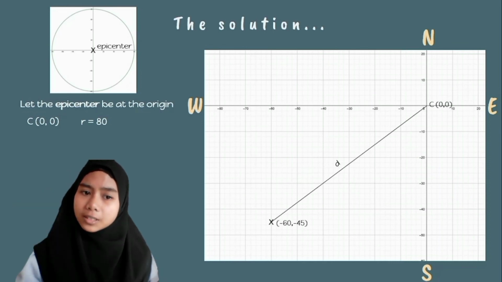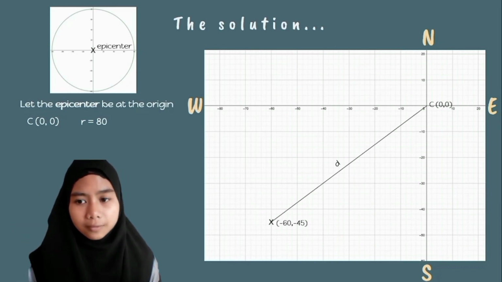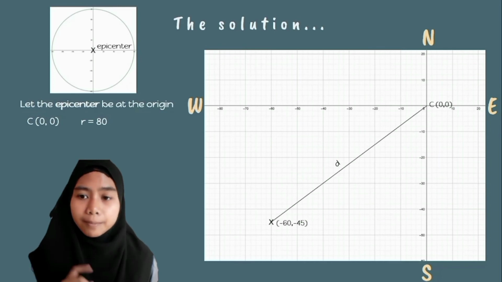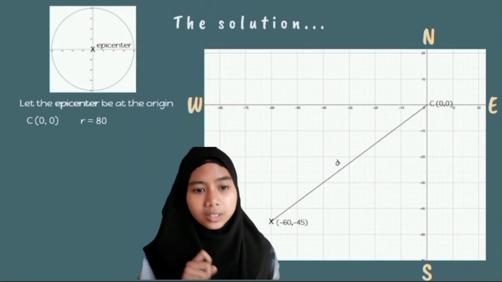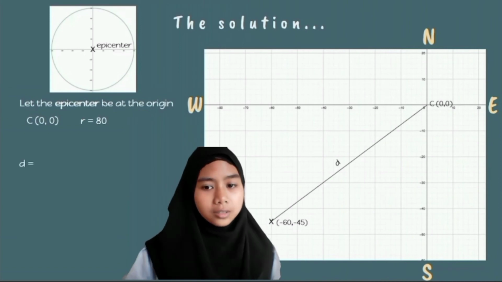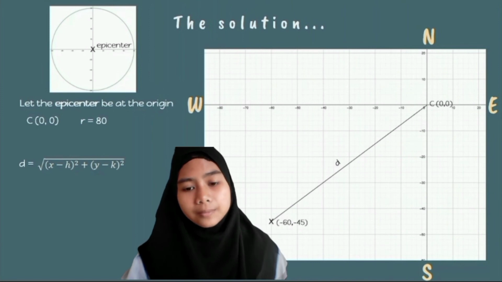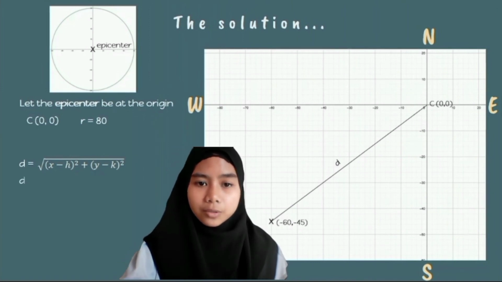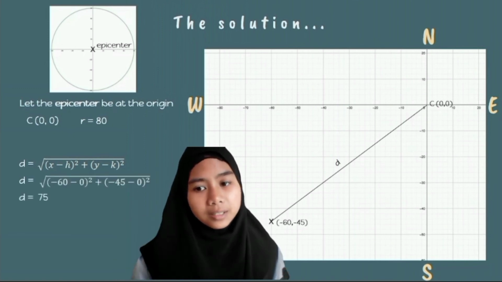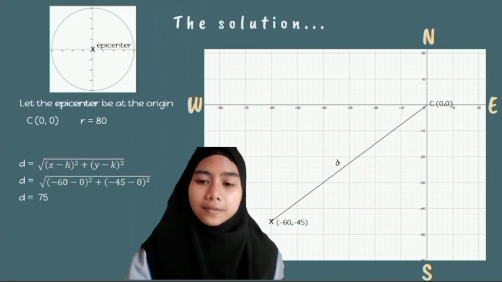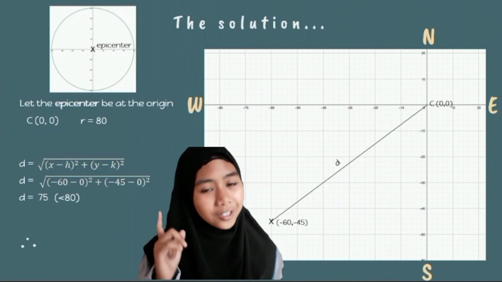But if the distance is greater than the radius of 80 miles, then you are out of the coverage of the earthquake, meaning you cannot feel it. So, using the distance formula, your location is at (-60, -45). After substituting the values into the formula, we get 75 miles, and obviously 75 miles is less than 80 miles, therefore, yes, you can feel the earthquake.